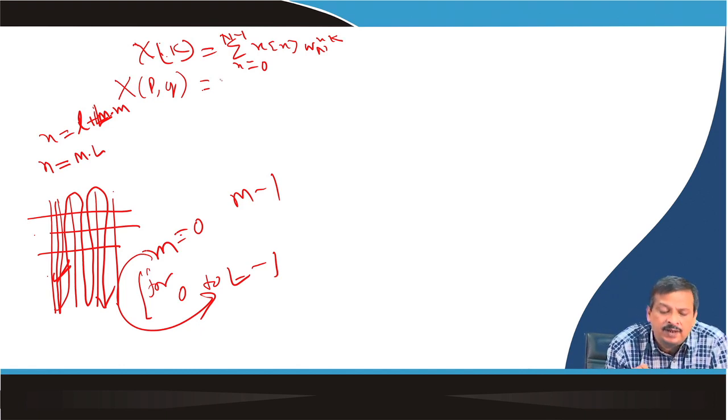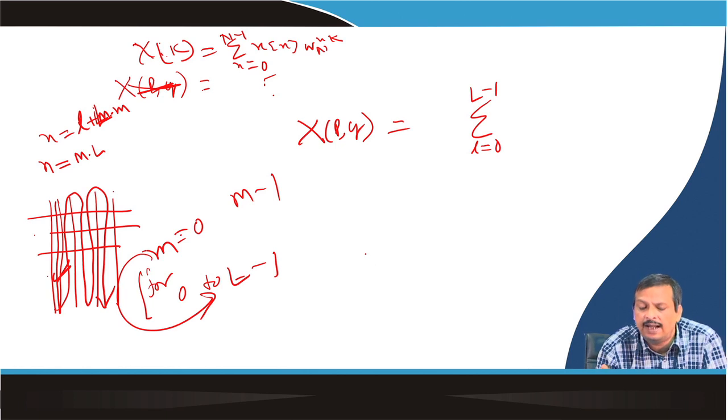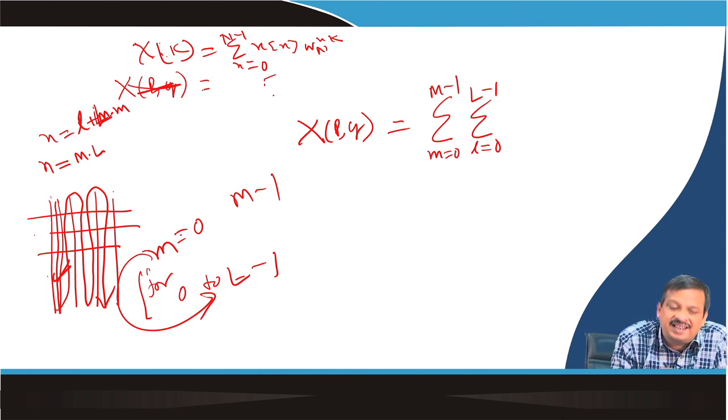So, I can say that for X of PQ, the inner sum will come from L equal to 0 to L minus 1, and the outer sum will come from m equal to 0 to M minus 1, because the data is stored column wise and the mapping function is n is equal to L plus capital L into m.